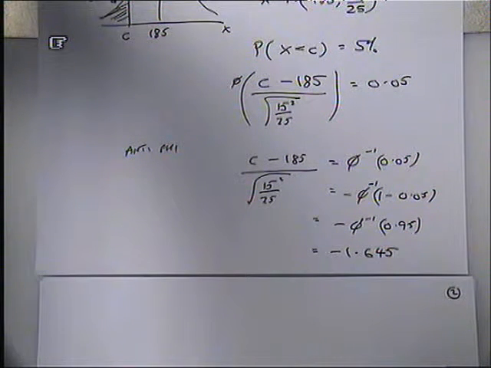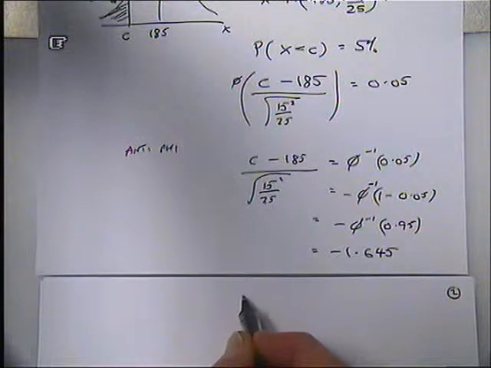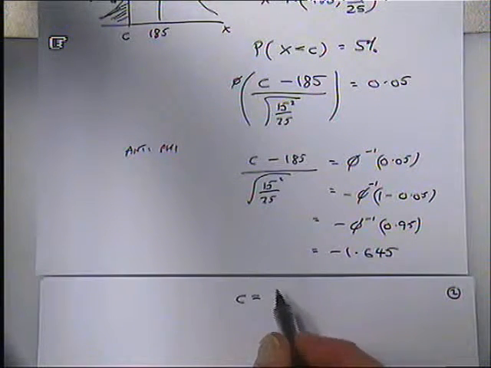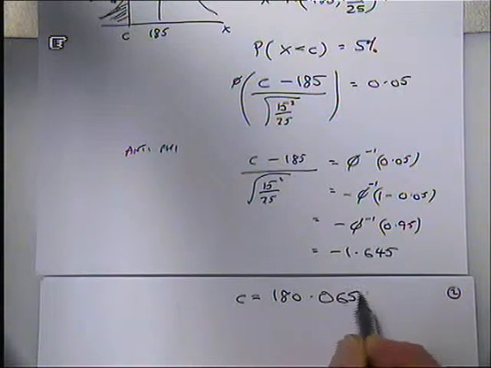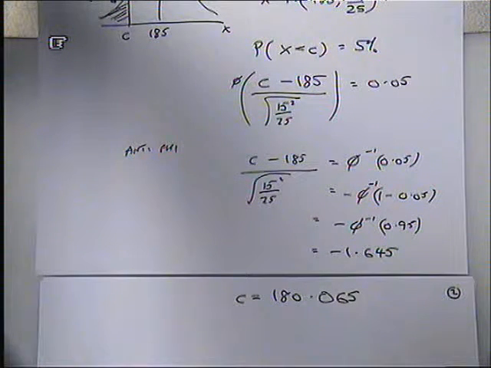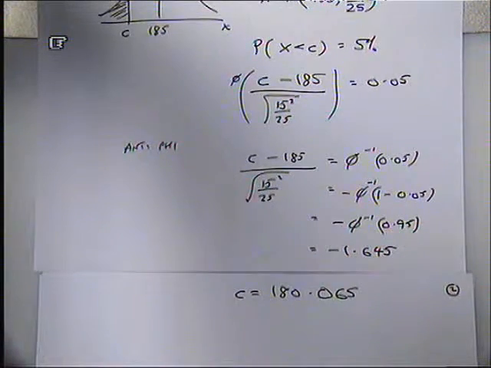Now I think Billy's already done this. Billy, what did you work out that C was when you rearranged that? I think I've done it wrong. No, I haven't. C was 180.065. That's correct. So that is what our C value is. Our critical value comes out to be that.